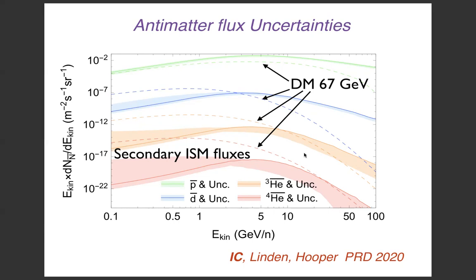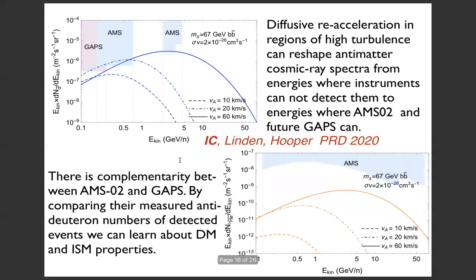However, a thermal relic dark matter particle that can possibly explain the antiproton excess can give you of the order of a 10% addition in the antiproton spectra. When it comes to antideuterons, antihelium-3 and 4, it can have a dominant contribution at low energies that is well above even the very large uncertainties on the secondary fluxes.